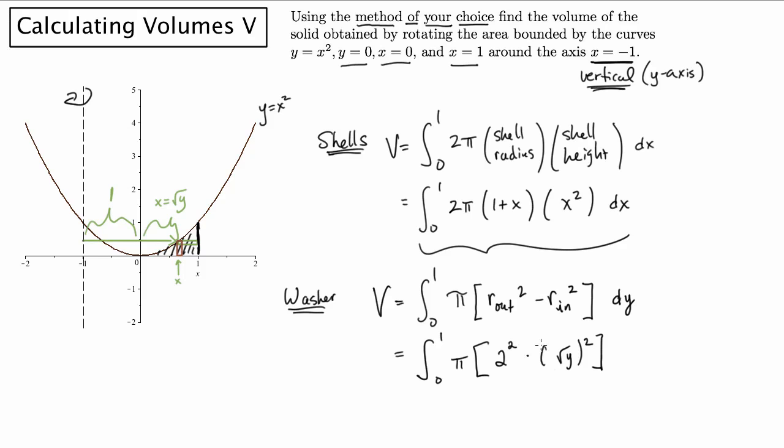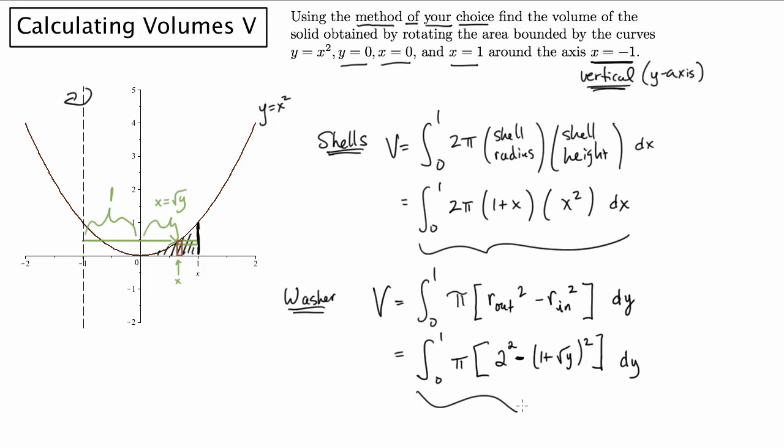So this would actually be minus the quantity 1 plus the square root of y, squared. So this is the tricky part. This distance that my inner radius is going to take up is 1 plus the square root of y in that case, and up here on shells it was 1 plus x. So you have to be very, very careful about that particular part of this problem.